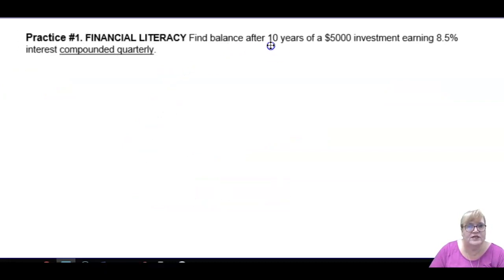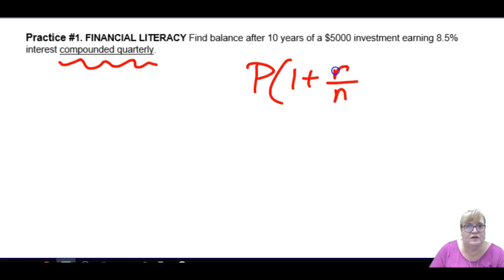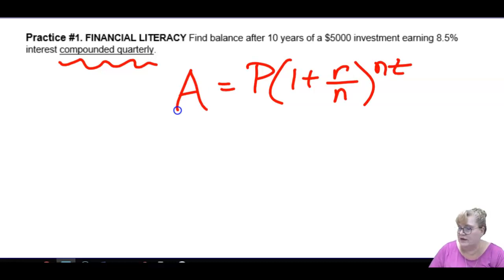Find our balance after 10 years of a $5,000 investment, earning 8.5% compounded quarterly. So this is this formula. All right, lots of stuff going on here. 10 years is T. This is our initial investment.